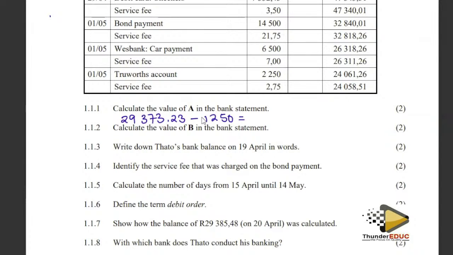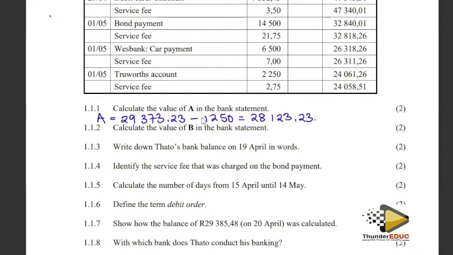This had to give you an answer of 28,123 rands 23 cents. That's how they got the value of A. So A equals that.